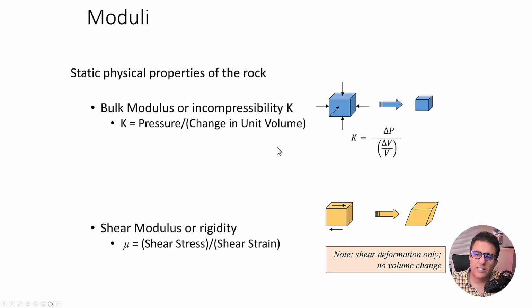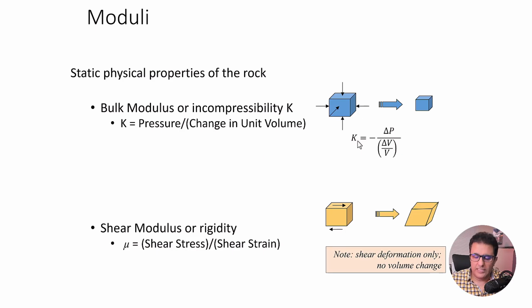Okay, so for example, assume that we have an object and we apply pressure on the object. We know that the volume will decrease. So if we measure this ratio, where delta P is the exact applied pressure to the object, and delta V is the change in the volume over the initial volume, then we're going to have this equation to obtain bulk modulus or incompressibility.